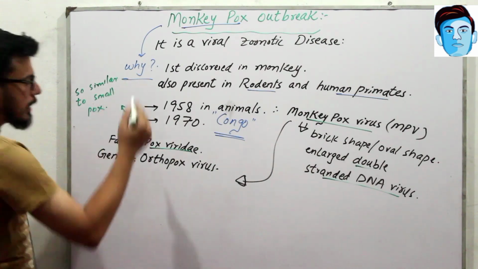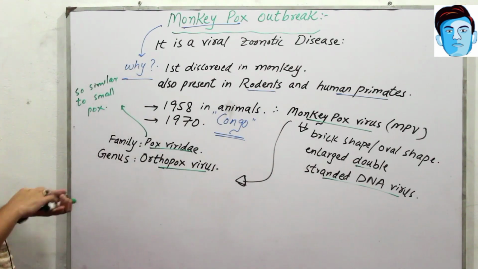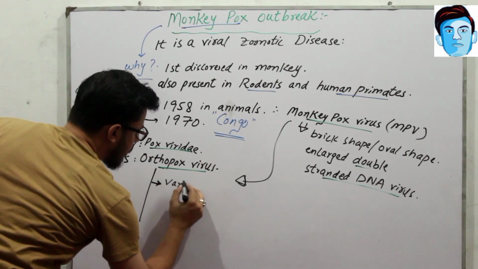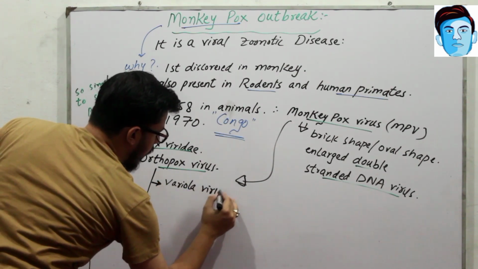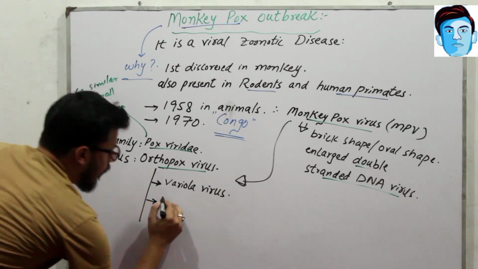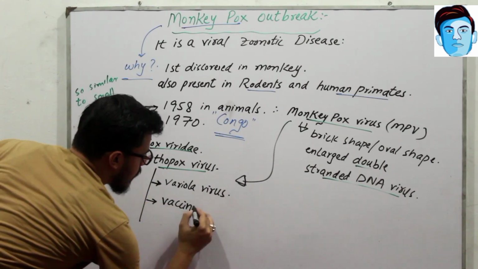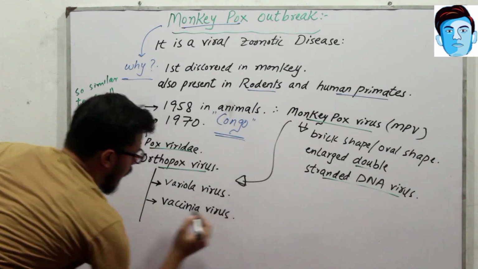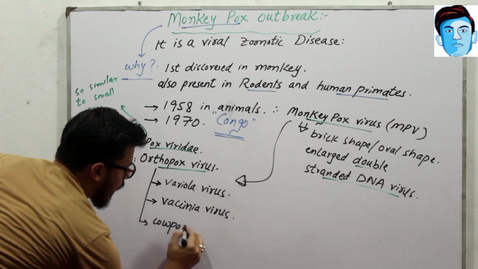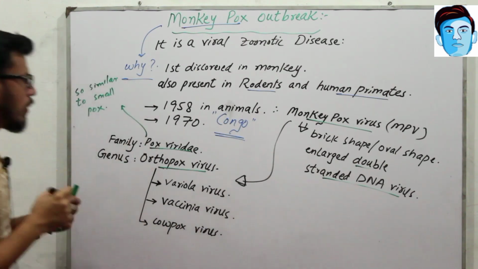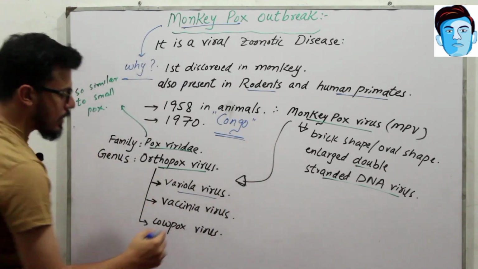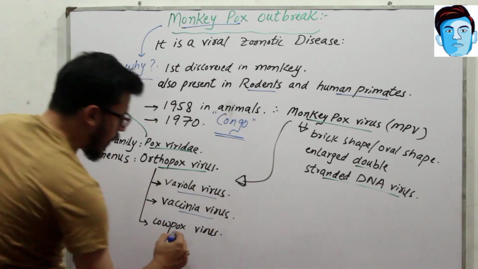Secondly, the genus of monkeypox is orthopoxvirus. Orthopoxvirus comprises variola virus, vaccinia virus, and cowpox virus.